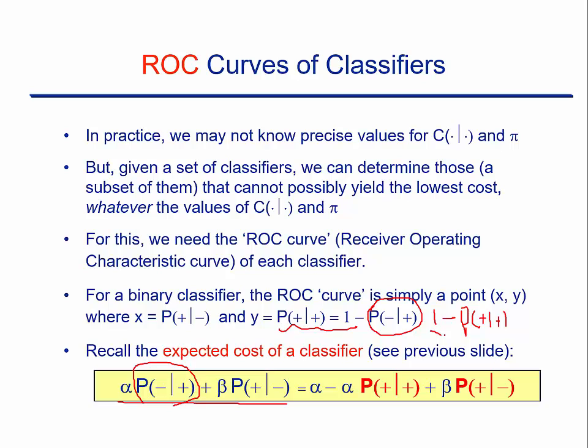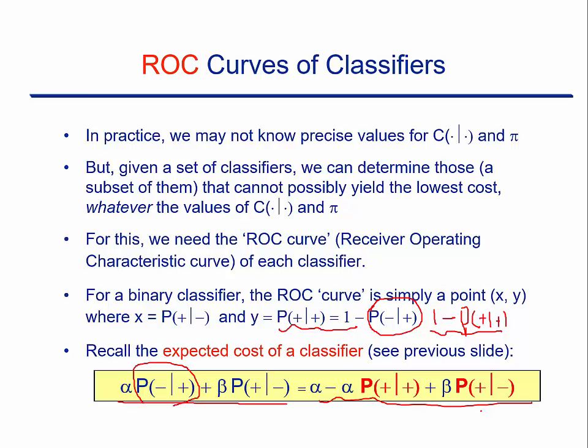If we replace this probability with 1 minus p(plus|plus), then the total cost equation becomes this. And now we can see it is a linear function of the probability of making true positive predictions, which is the true positive rate, and the probability of making false positive predictions, which is the false positive rate.